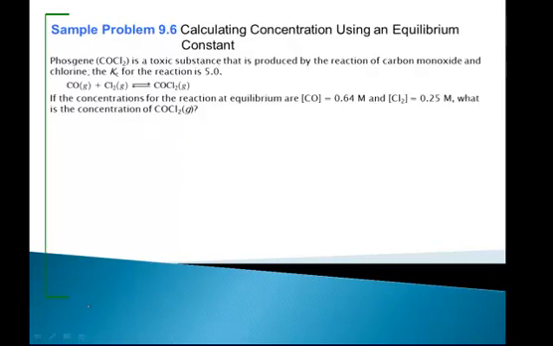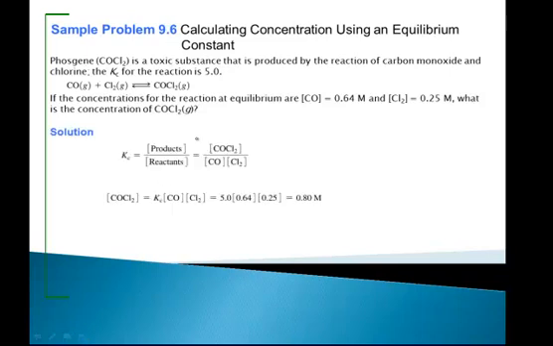In the next one, they've given me concentrations again, and I have to find the concentration of a missing one, and they've told me what the value of K is. So the first thing I do is set up my reaction for the expression. So I'm going to have products over reactants, and none of these have any coefficients, so there's not going to be any squareds or anything.